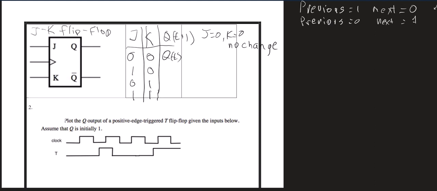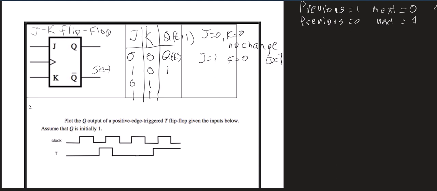If J is 1 and K is 0, then the output is 1. It doesn't matter what it was before. So J equals 1 and K equals 0, Q equals 1. So that's a set.